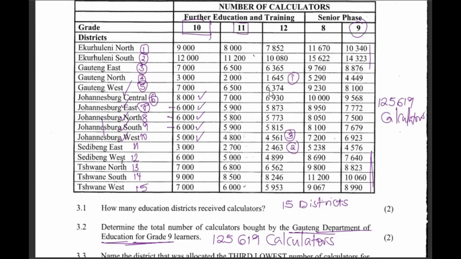Let's arrange them, giving them numbers. So which one is the smallest value? It takes place number 1. The second smallest takes place number 2. The third smallest, we have 4,800, takes place number 3. From 4,800, we have 5,000.